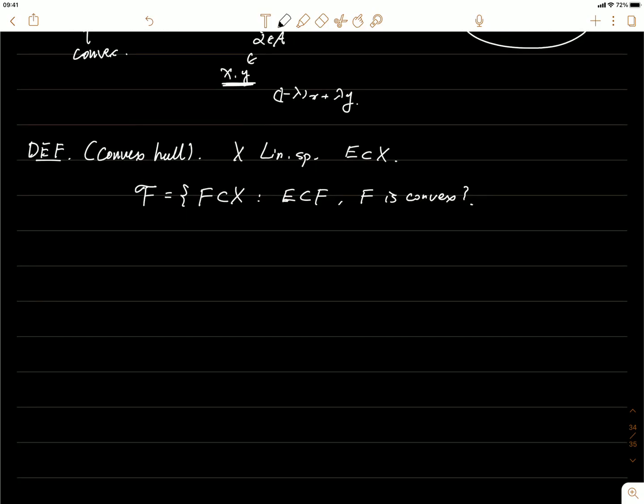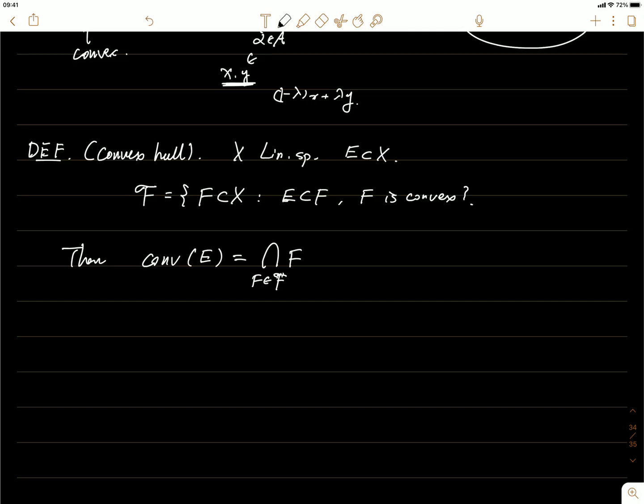So it's just a collection of all the convex sets that contain E. And by taking the intersection of those F, we call it the convex hull, which is the intersection of all those F where F is from this family.